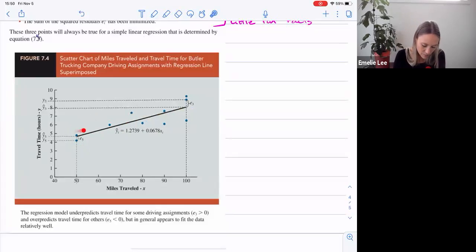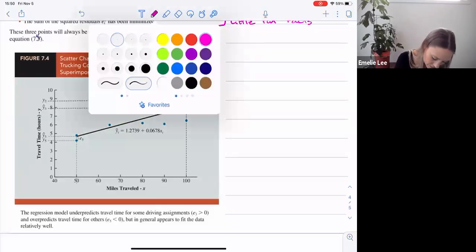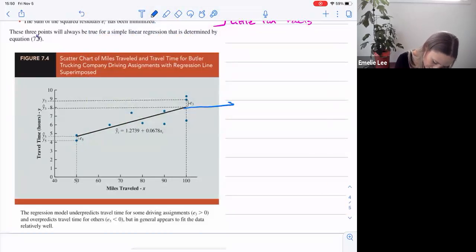And for the values above the line, it under predicts how long it's going to take. So here, the line is the predicted value at each value of x.